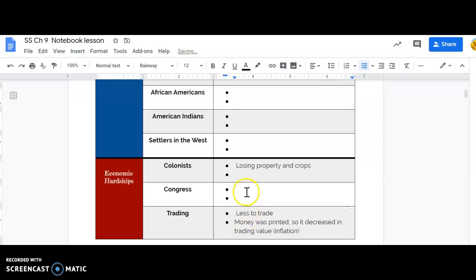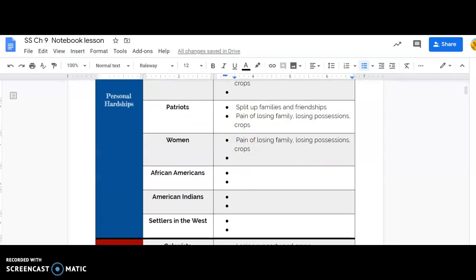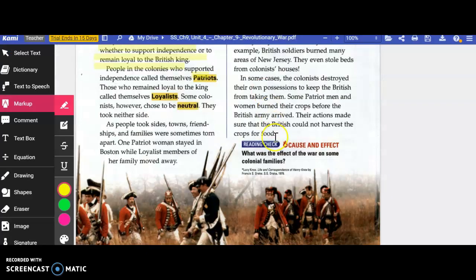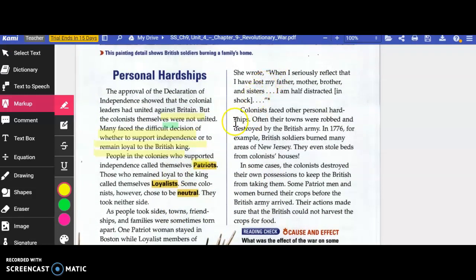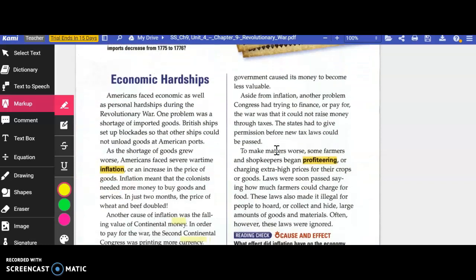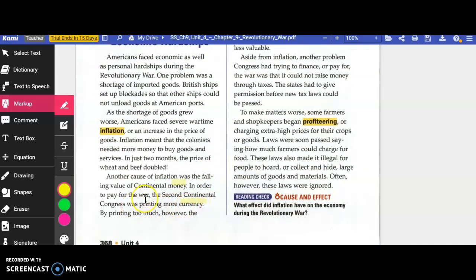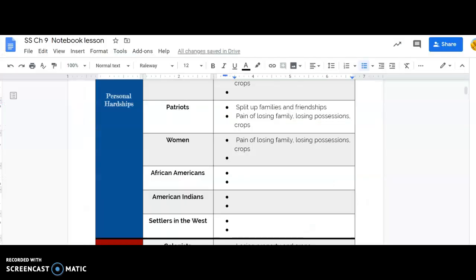Okay. Congress, economic hardships of Congress. I'm not sure what that is referring to. Let's look back at that. The Second Continental Congress. Where was that? Oh, I'm looking in the wrong section. Pardon me. Okay, printing more currency in order to pay for, yep. Okay, continental money, pay for the war. Okay, so that's what we need to add.